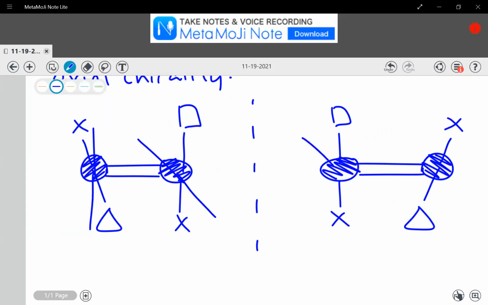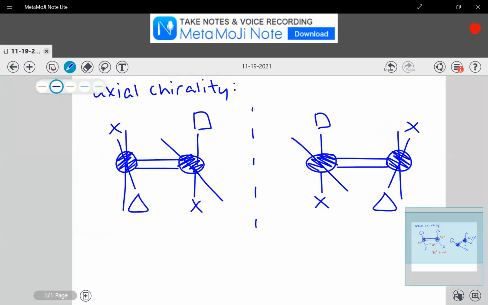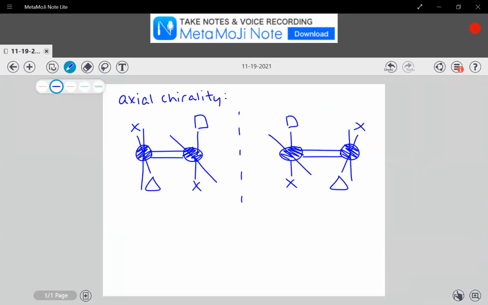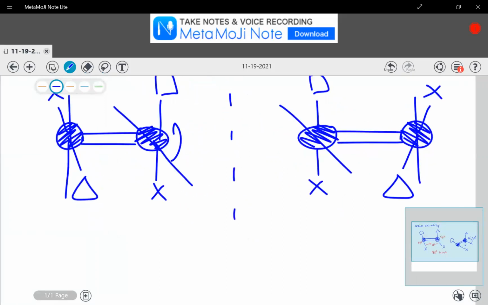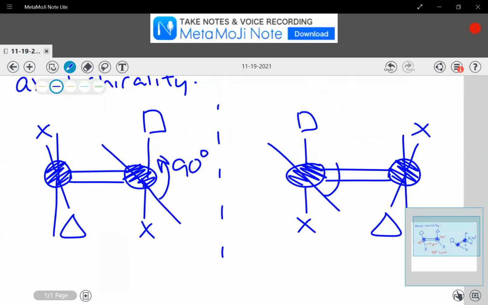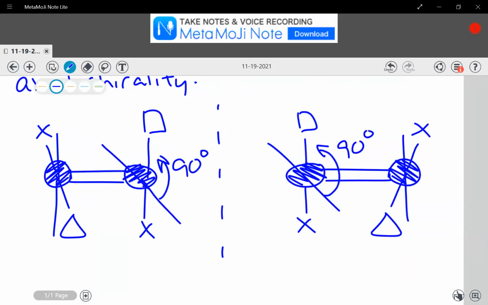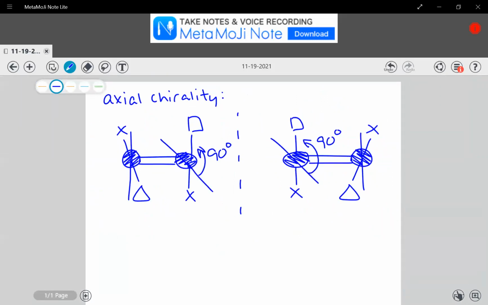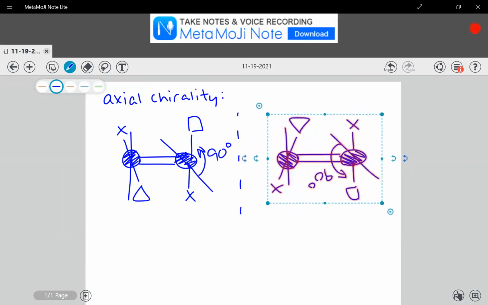That might make it a bit easier for you guys to visualize it. Because of this 90-degree shift right here, these atoms can't be put on top of one another anymore. So you see, no matter how much I rotate them, they're not going to be on top of each other.